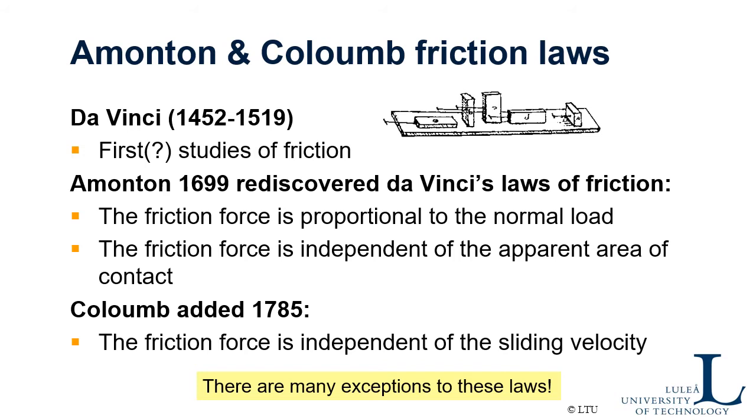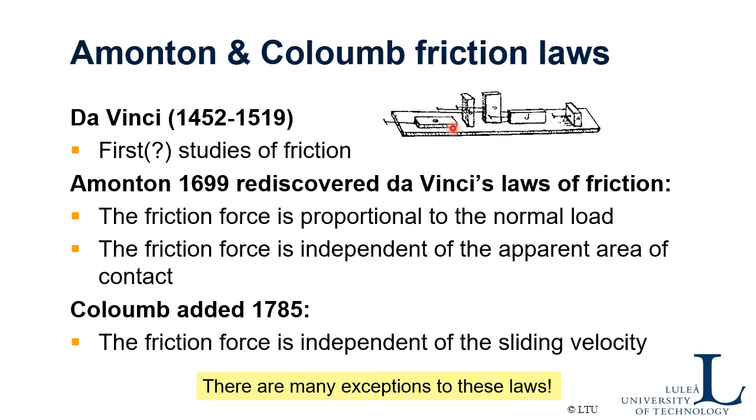So this is an illustration from Da Vinci's work. It doesn't matter if you place the box, this could be your mobile phone, in that way, or in that way, and you pull them along the surface. The friction force will be approximately the same in all cases.